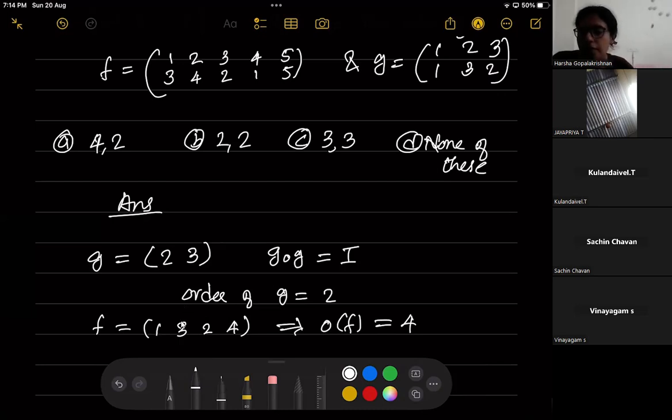The same happens for 2 and 4. And 5 is mapped to 5 always, however many times applied. So 4 is the minimum such that F power n, F composite F composite F composite F, equals identity.